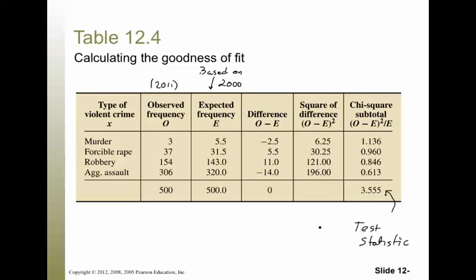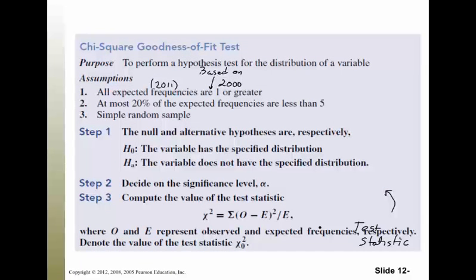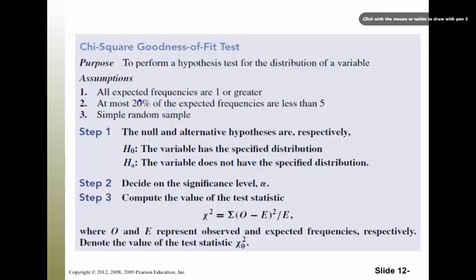Okay, so let's talk about the goodness of fit test, and we'll go back and finish the one about violent crime. To perform a hypothesis test for the distribution of a variable with the chi-square goodness of fit test, some things have to be true first. All of our expected frequencies are 1 or greater.